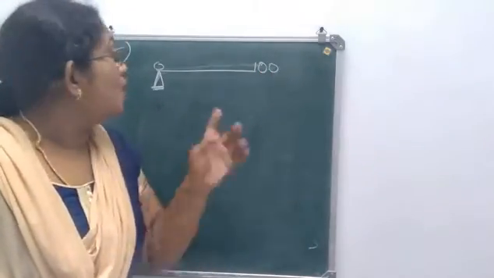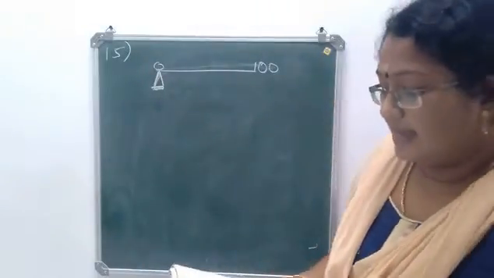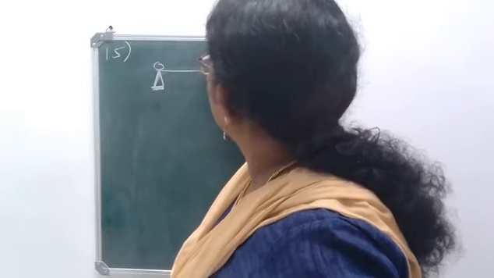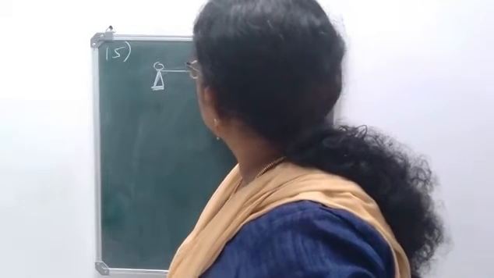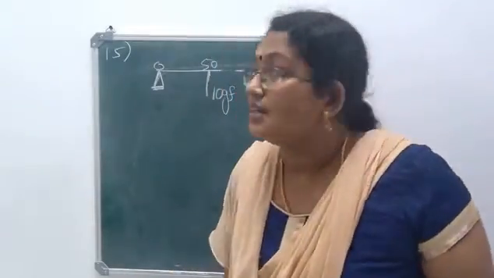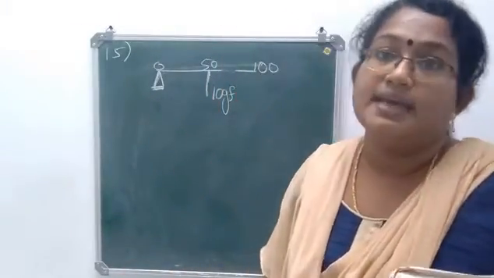This is pivoted at the 0 marking. Its weight is given as 10 gram force. So let here be 50 centimeter. The weight of the rule, 10 gram force, is at the 50 centimeter mark.